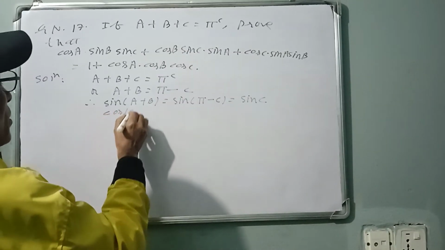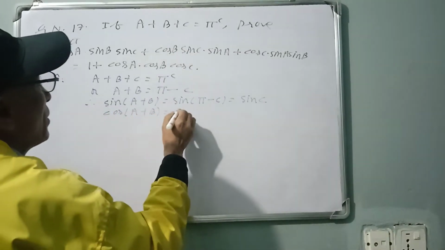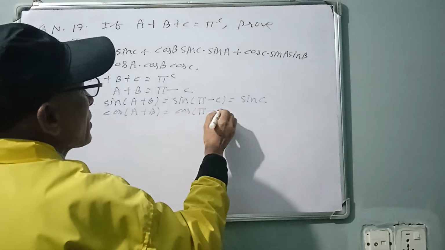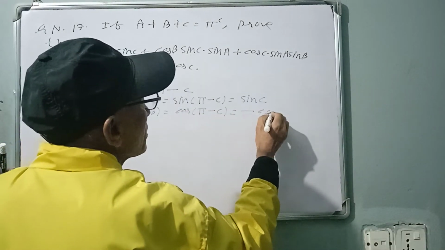And cos A plus B equals cos of pi minus C, which equals minus cos C.